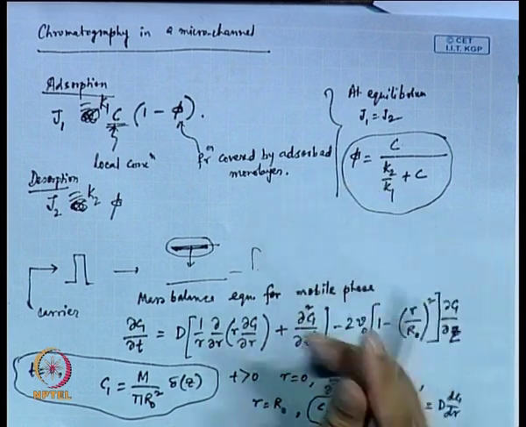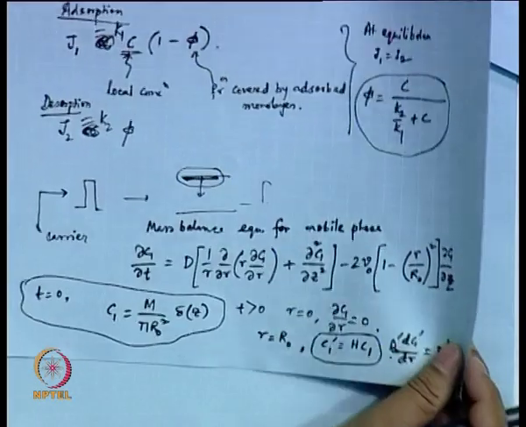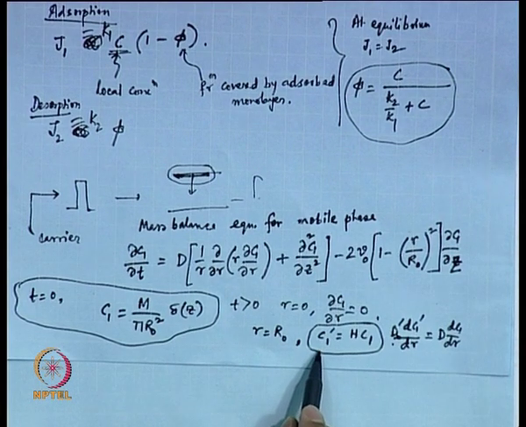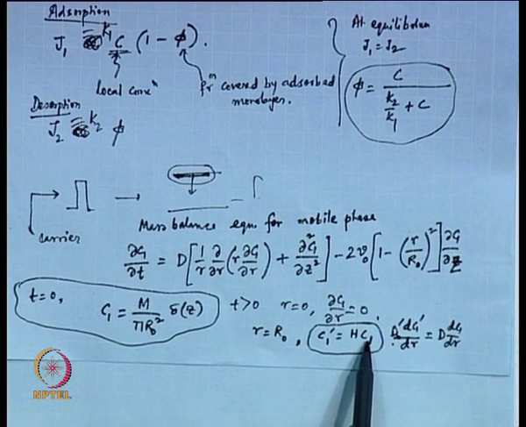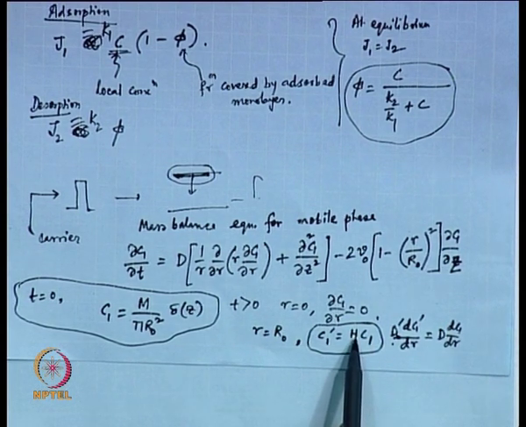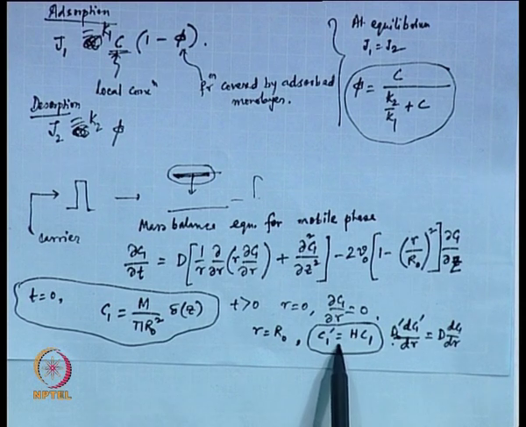So, what you are assuming here is that the concentration in the solid phase depends on the concentration in the gas phase in a linear manner. That means there exists a linearity between these two concentrations.